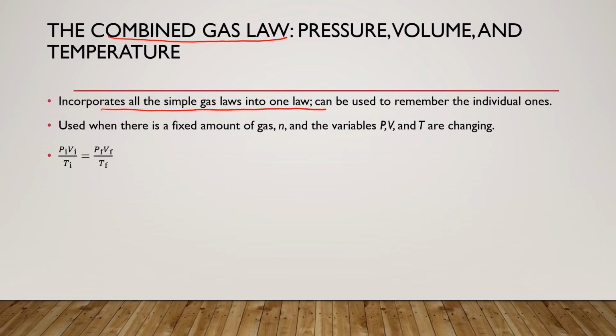The combined gas law in terms of initial and final conditions can be expressed in this form: Pi times Vi divided by Ti equals Pf times Vf divided by Tf. Remember, the value of temperature must be in Kelvin scale.